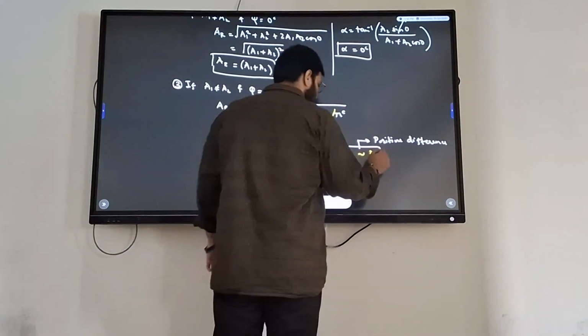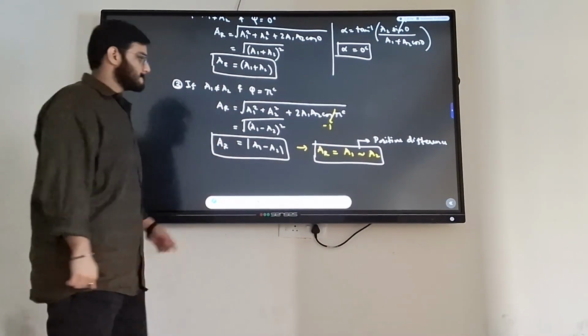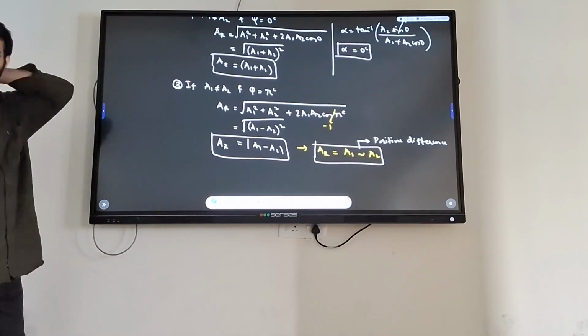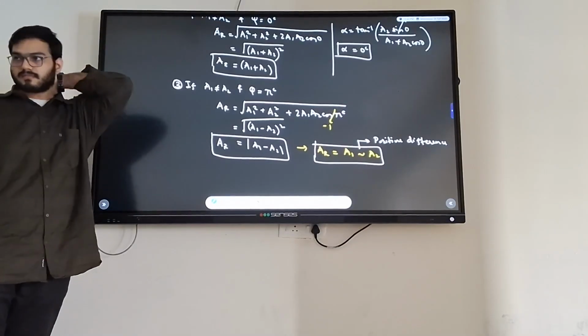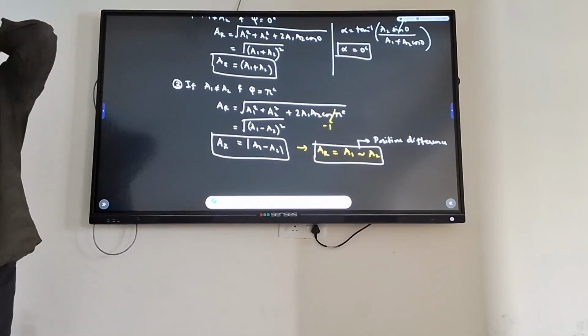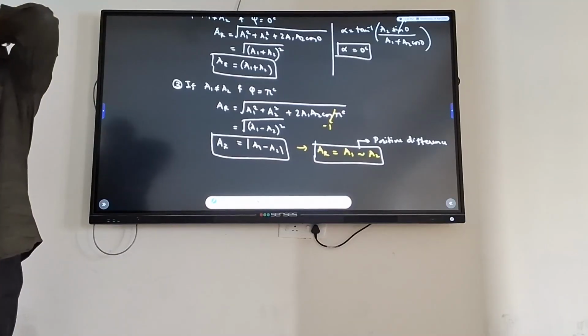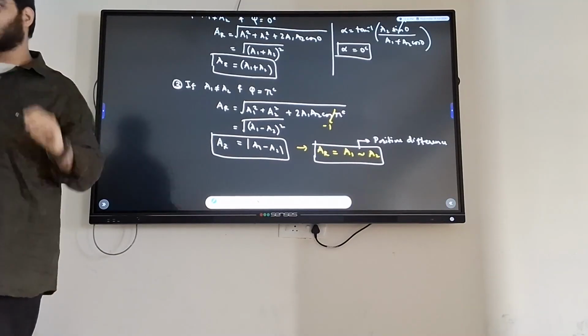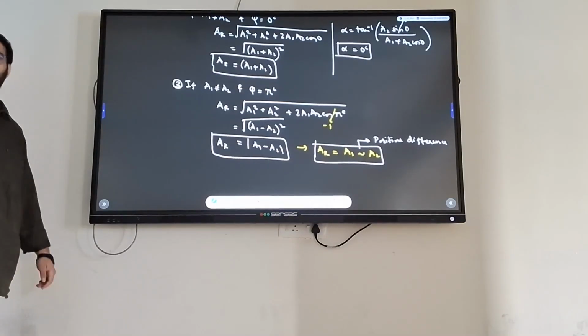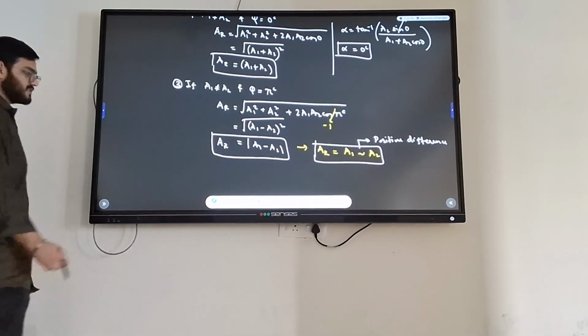What should be the alpha here? Tan inverse A2 by A1 minus A2? No. What should be the alpha here? Think carefully. Zero. It should be 0 because what is sine pi? That's 0.